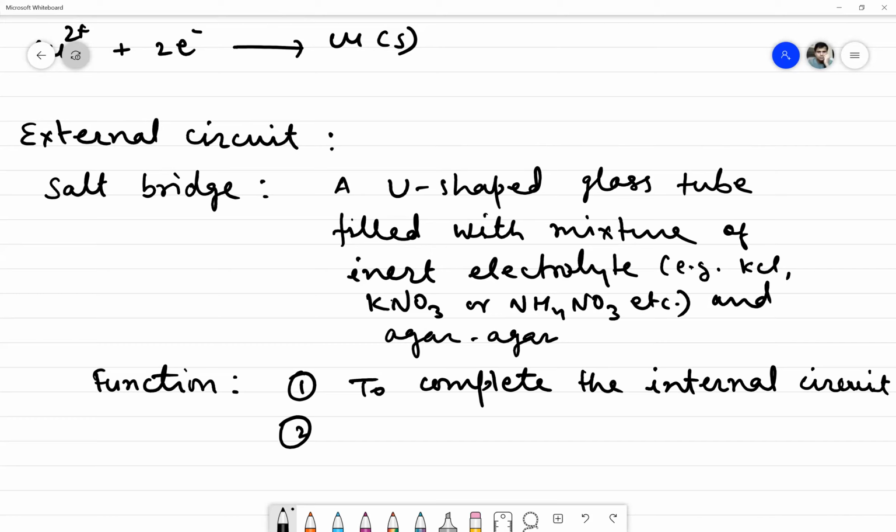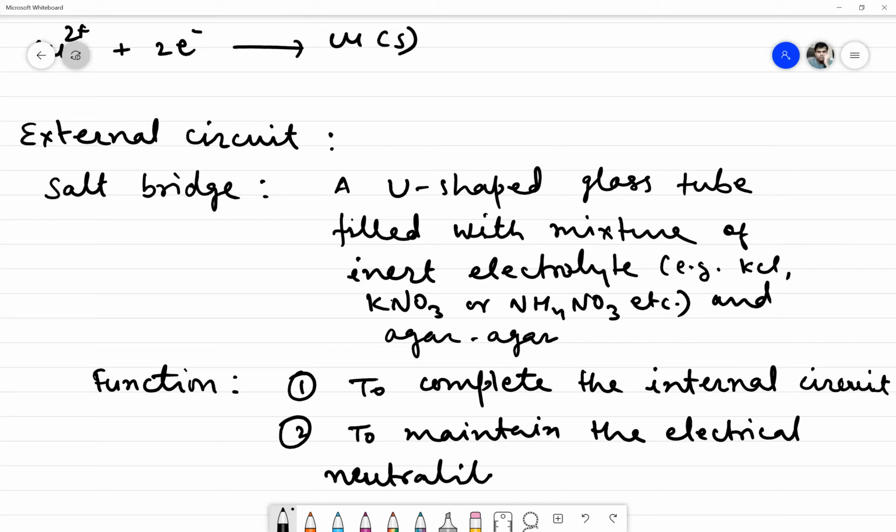Second, the salt bridge also maintains the electrical neutrality in both half cells.